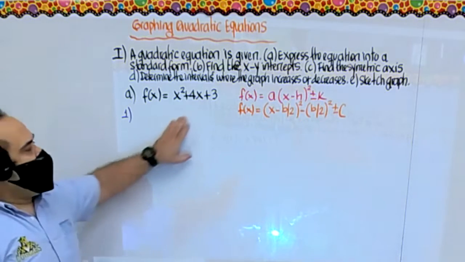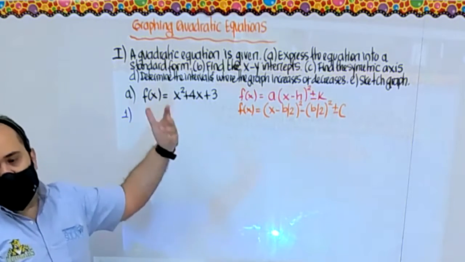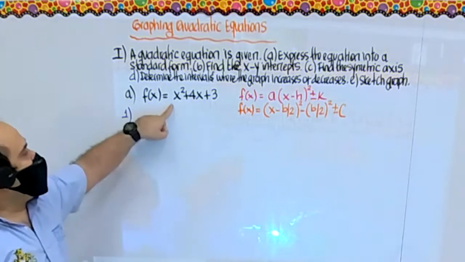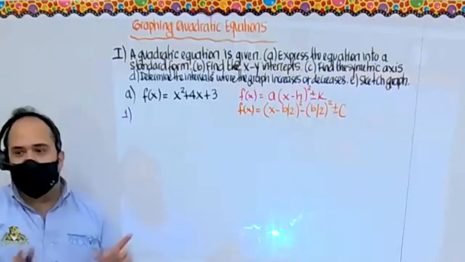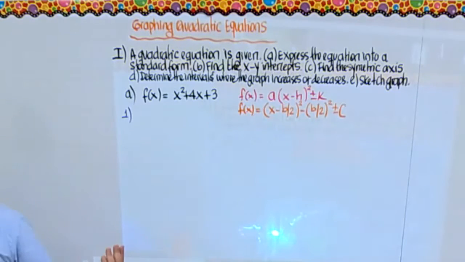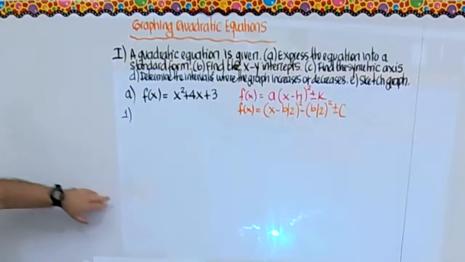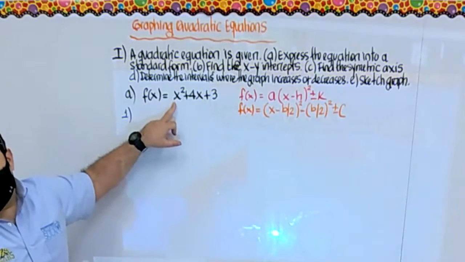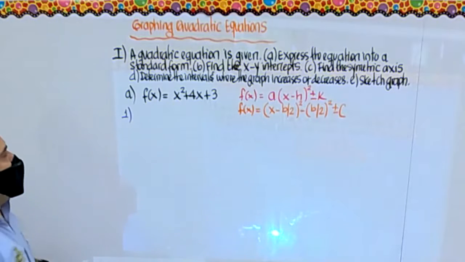Remember, every time you want to apply the completing the square technique, make sure the leading coefficient, I mean the number next to x squared, is 1. If this is the case, we can proceed.